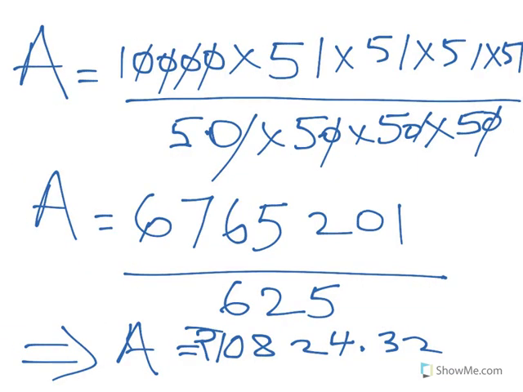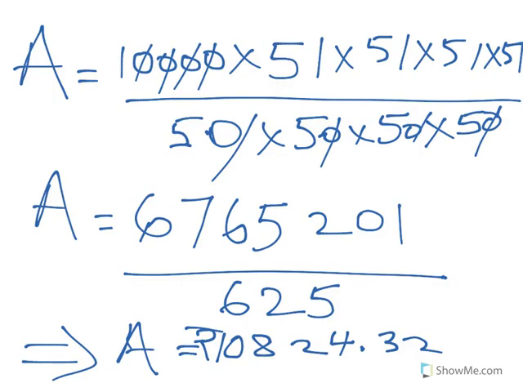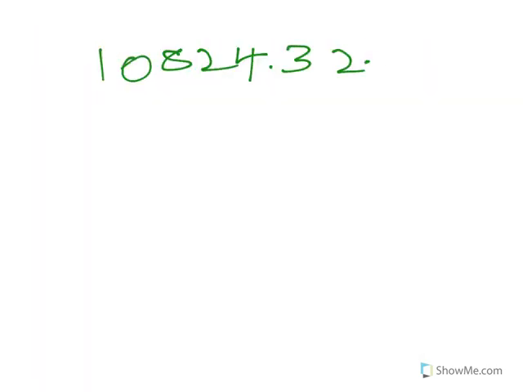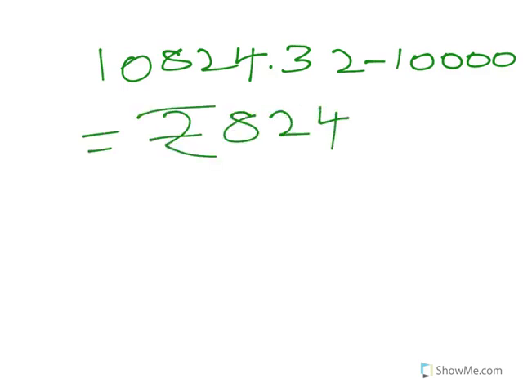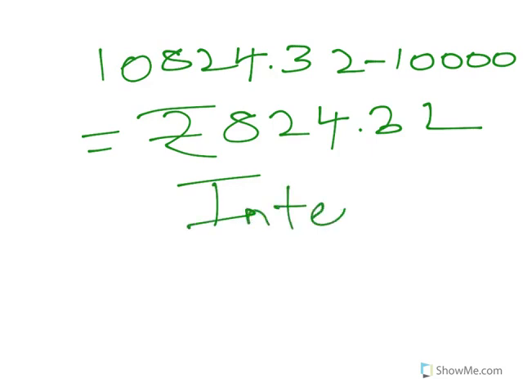And for our half-yearly question, 10,824.32 minus 10,000 is equal to rupees 824.32. So this is the interest when it's compounded half-yearly.